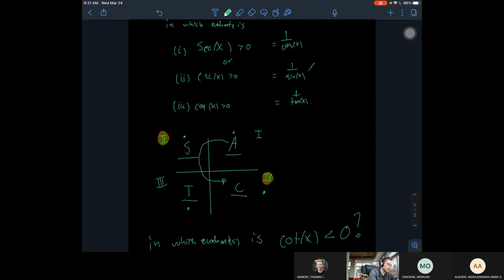And this diagram really only tells us about sine, cosine, and tangent, but the other functions are just built from those three, so we can use those to figure out when those ones are positive too.